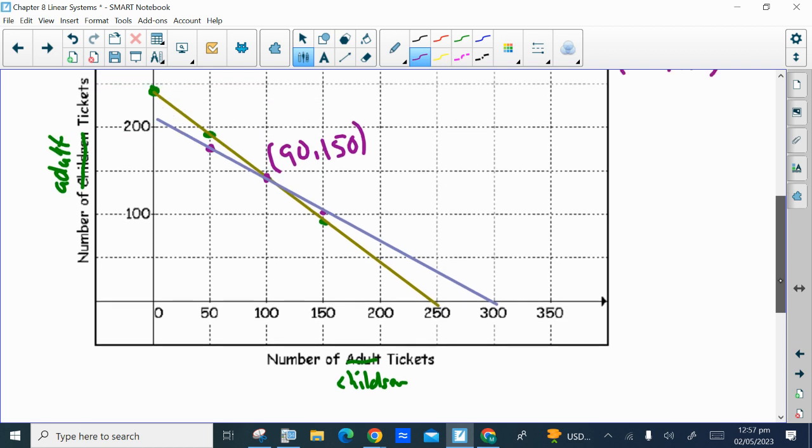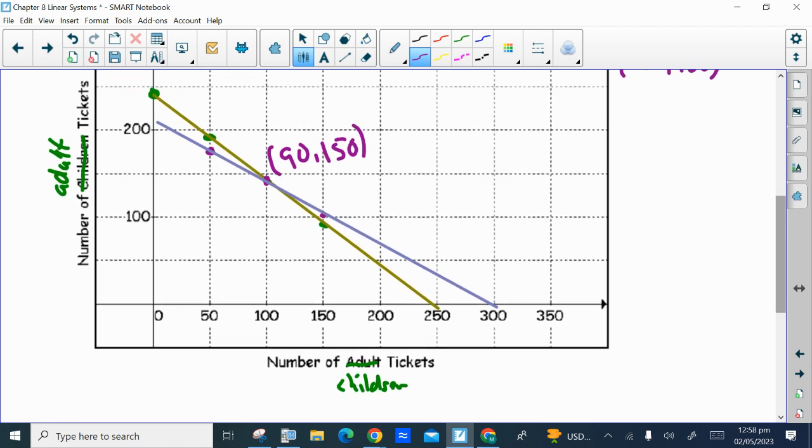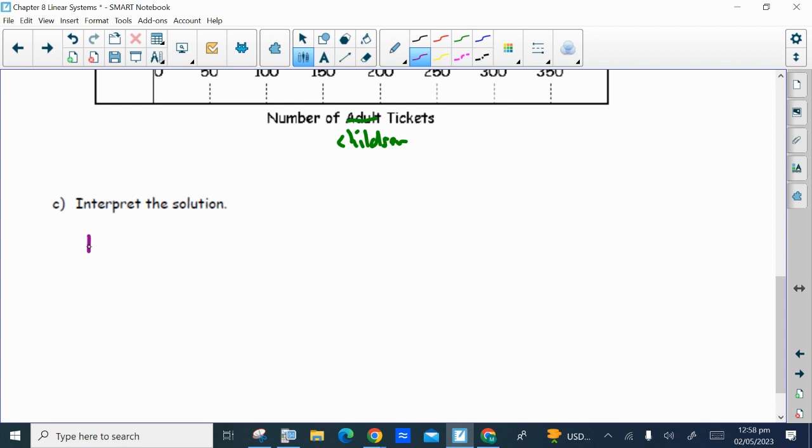So what does this mean? Well, again, 90, the first number, corresponds to the x value, in this case here, the number of children. Whereas the 150 is the y value, which is the number of adults. This tells us there were 90 children and 150 adults at the movie.